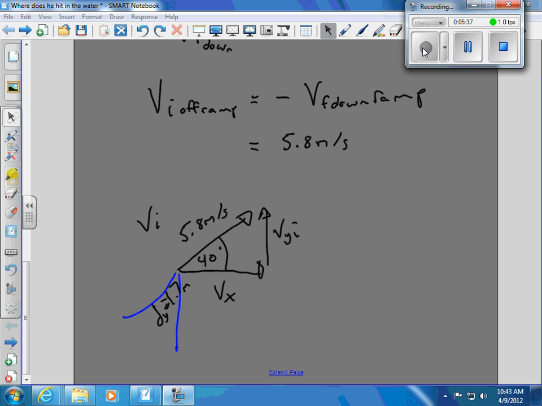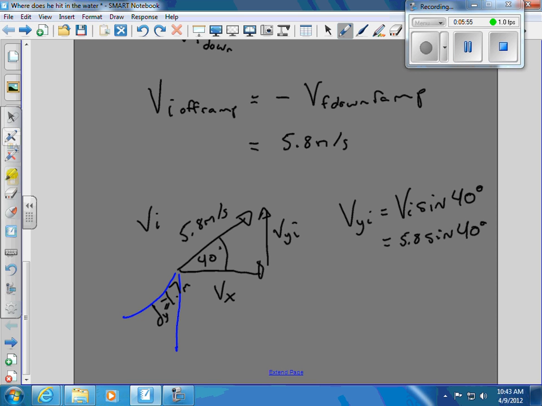So Vy initial equals V sine 40, 5.8 sine 40, and that equals 3.7 meters per second.